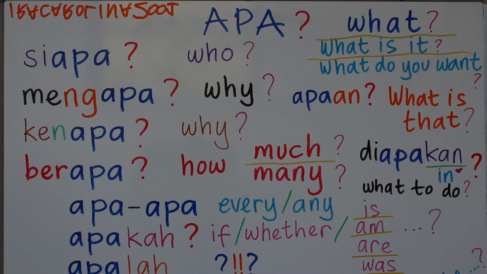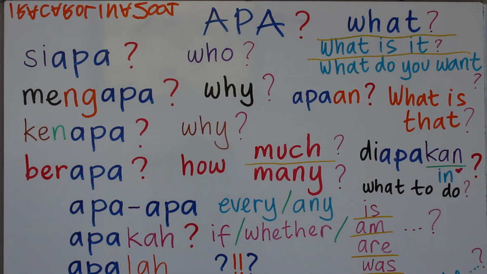I don't write these words in capital, the initial, because sometimes you can put it in the middle of the sentence or at the end of the sentence, and sometimes we put it at the beginning of the sentence.